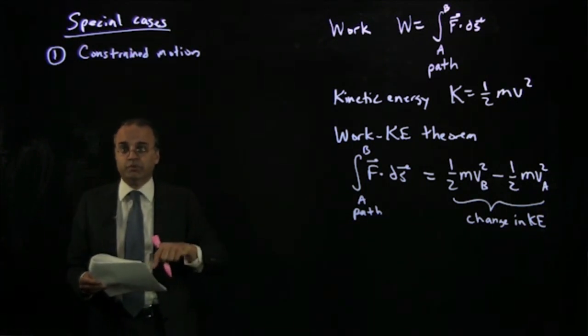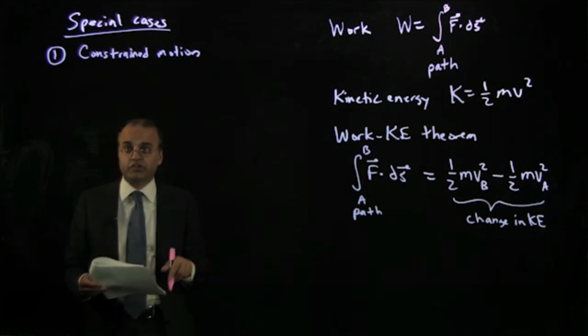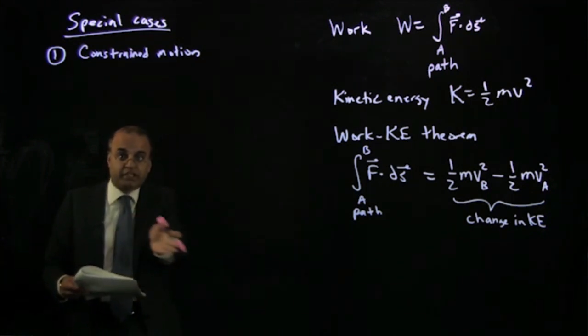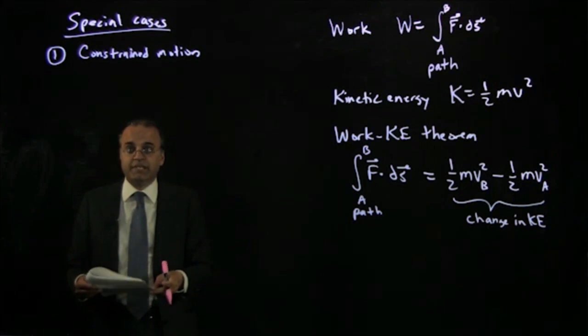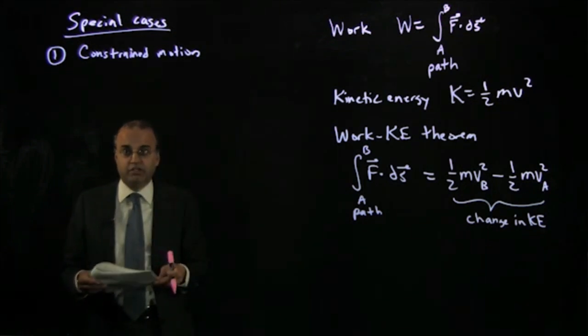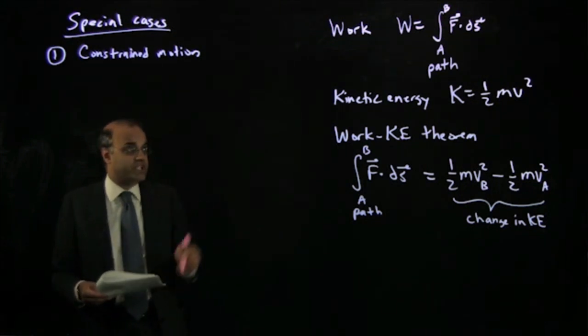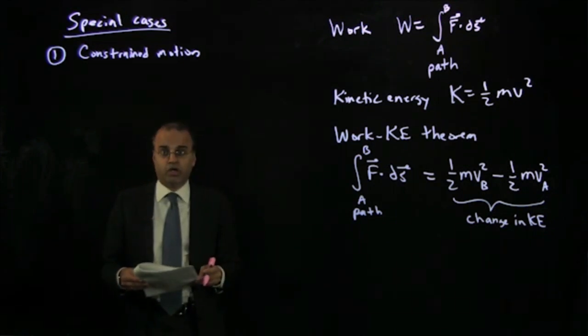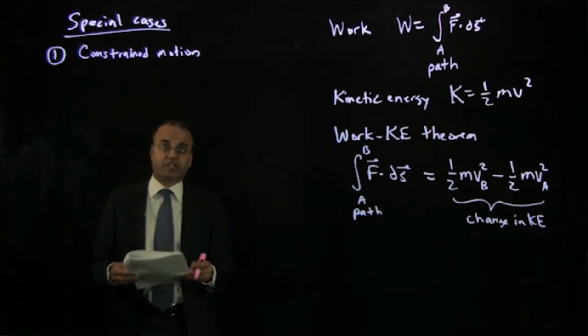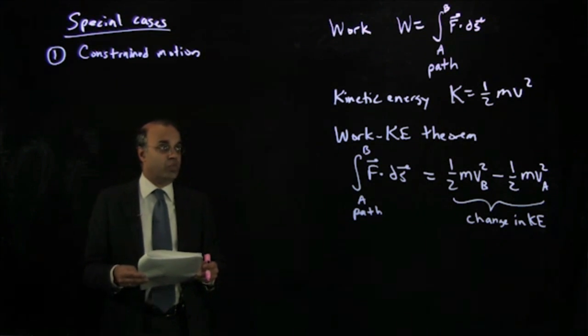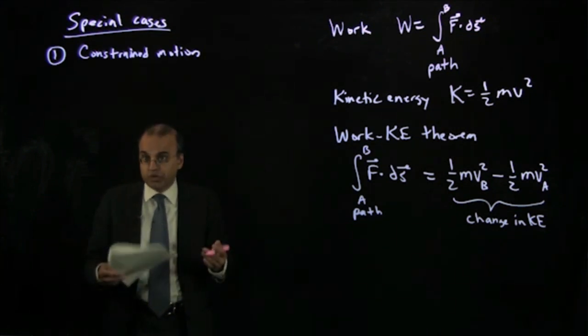We know that the object is going to be moving along a circular path or along some particular track of some particular shape. And as long as we can describe that trajectory, we can evaluate our work integral along that trajectory. So that's a case where even though the work is a path-dependent integral, we know the path, and so we can evaluate the integral.